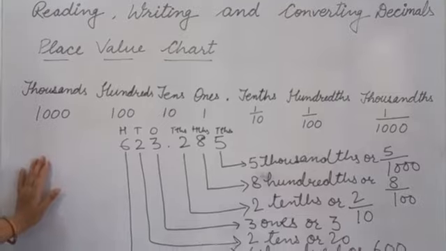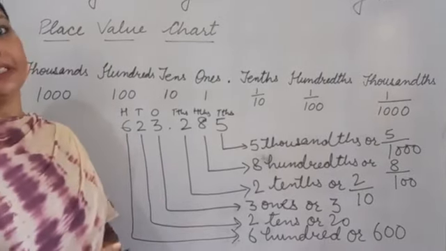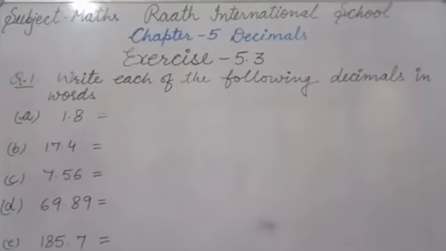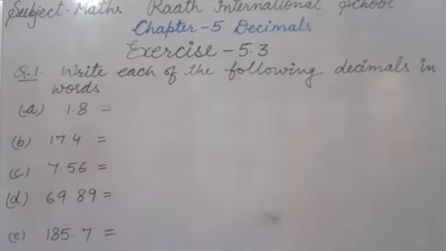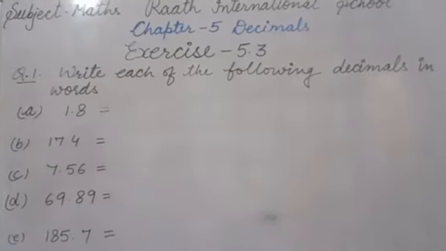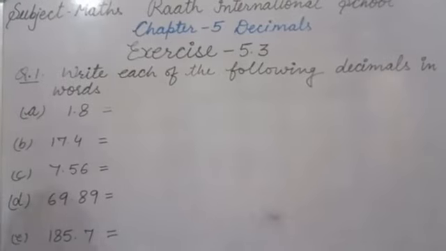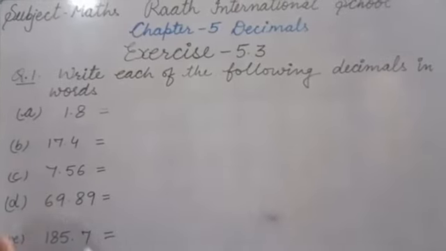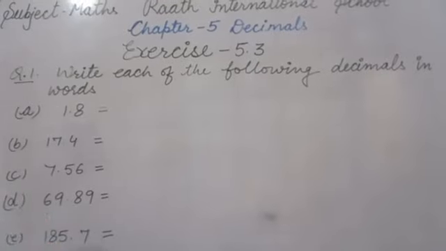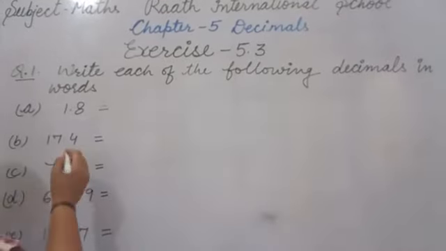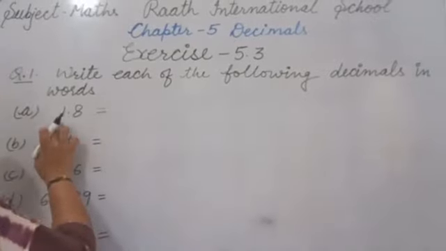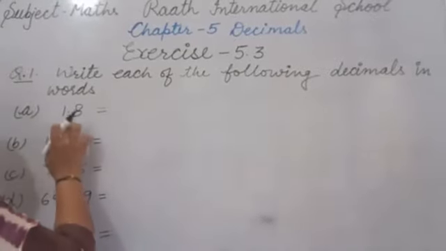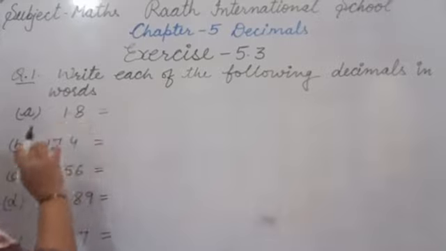Okay, now we will start our exercise 5.3. Exercise 5.3, question number 1. Write each of the following decimals in words. You have to write these decimals into words, meaning you will write them in spellings. So the A part is 1.8. How do you write it? 1 and 8 tenths, because this is on the tenths place.